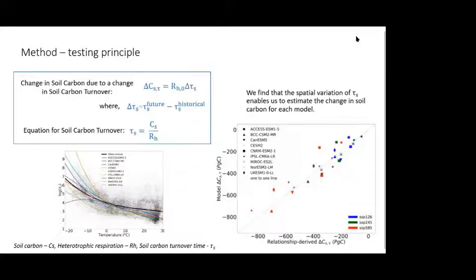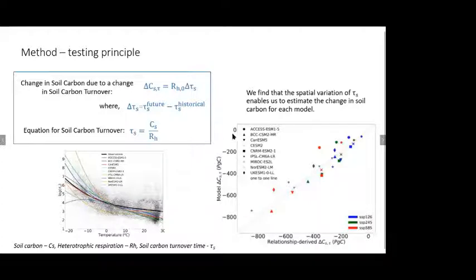So to test whether this is a valid thing to do, we test with our CMIP6 model ensemble, where we calculate the change in soil carbon using the equation. However, on this graph we calculate this using two different methods to calculate tau and compare the results.